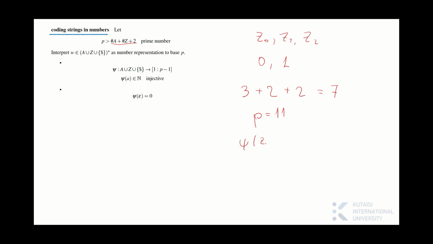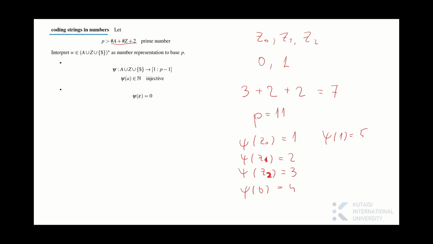Psi of Z0 is, I don't know, 1. Psi of Z1 is 2. Psi of Z2 is 3. Psi of 0 is, let's say, 4, and psi of 1 is 5.